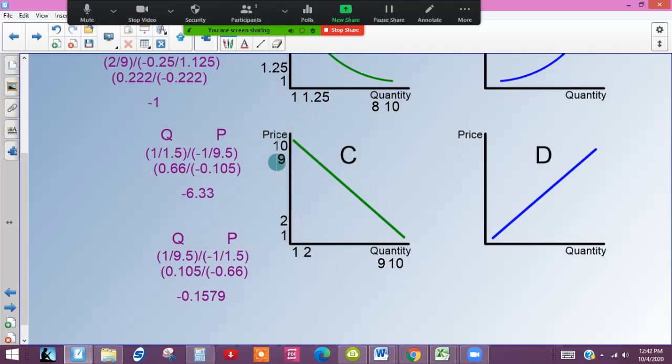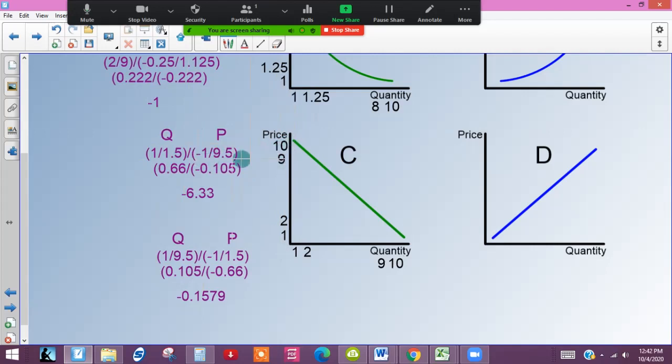And I actually did the math. So when we're moving from 1 to 2 in quantity, that's going to be 2 minus 1, 1 divided by the average, 1.5, and if we're moving from 10 to 9 in price, that's going to be 9 minus 10, P2 minus P1, which gives us -1.